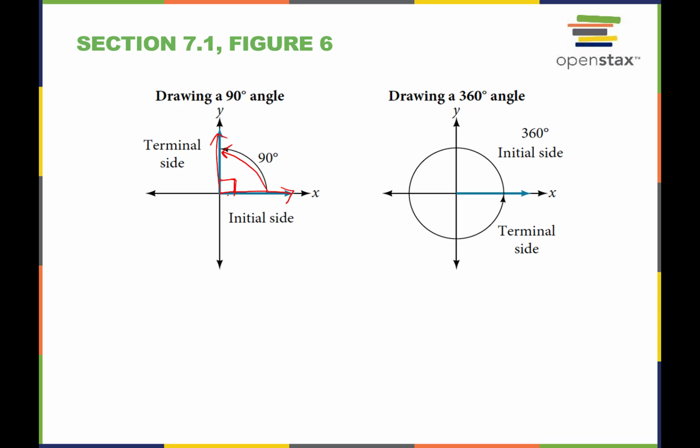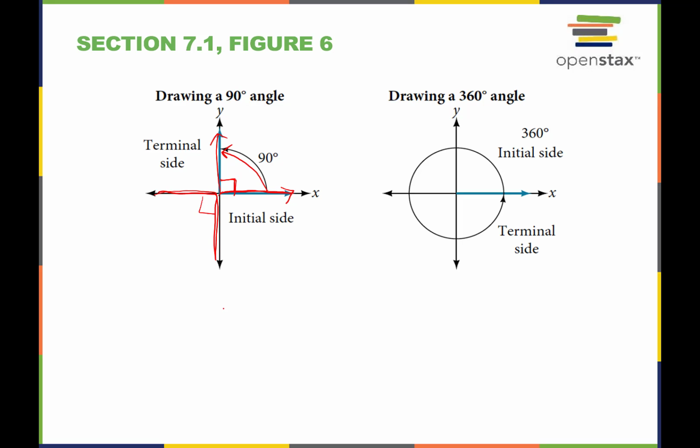Now you can have a 90-degree angle somewhere else. So I could have a 90-degree angle right here. That's 90 degrees, but that's not in standard position. The standard position would be if it starts here on the positive x-axis and opens up in the other direction.